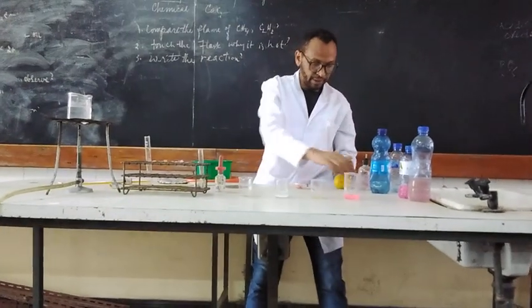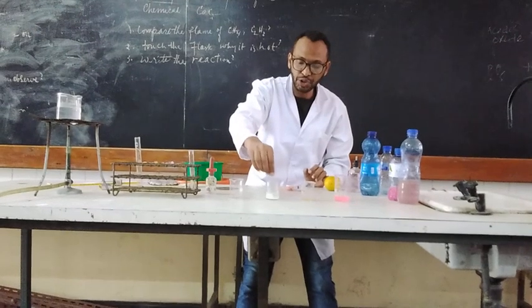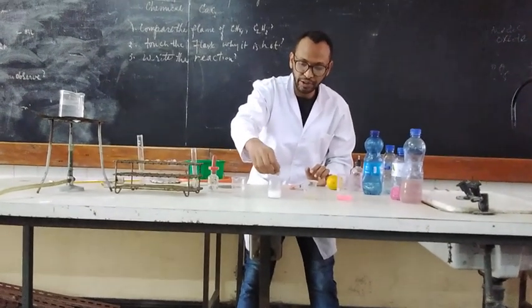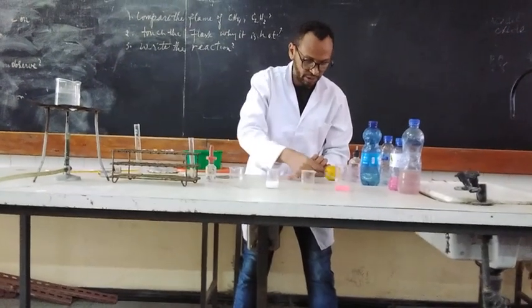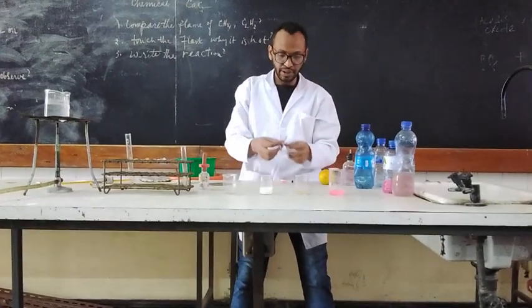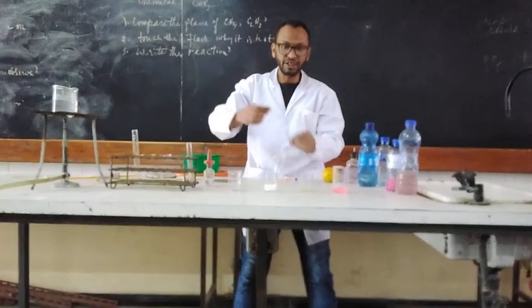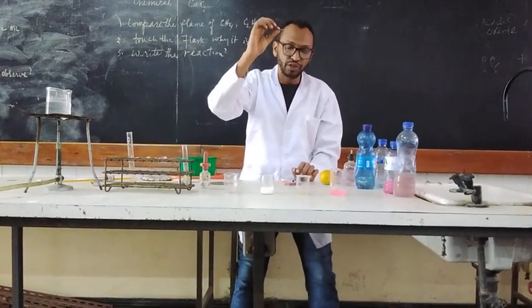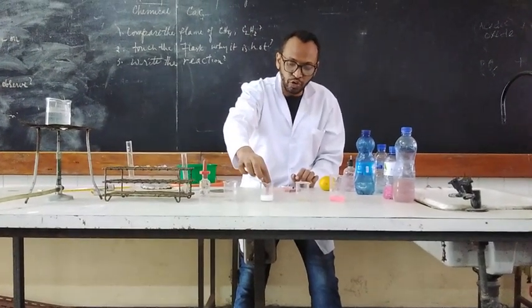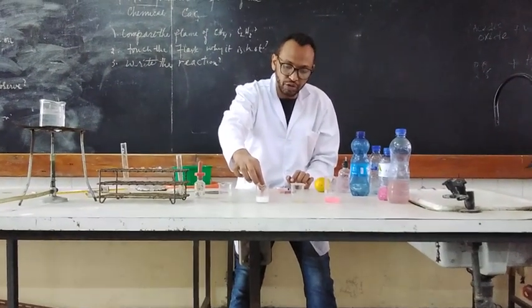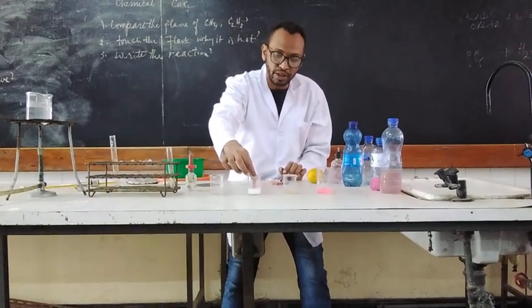Let's see the second one, the lime water, a mixture of calcium hydroxide and water. Let's use red litmus paper for this one. If this red litmus paper changes into blue, this solution belongs to what?